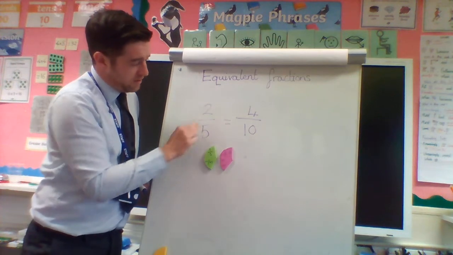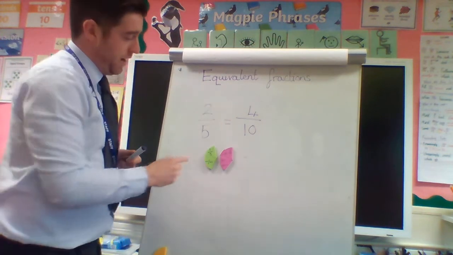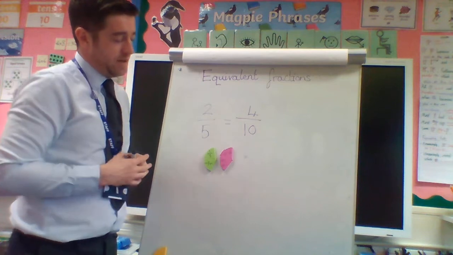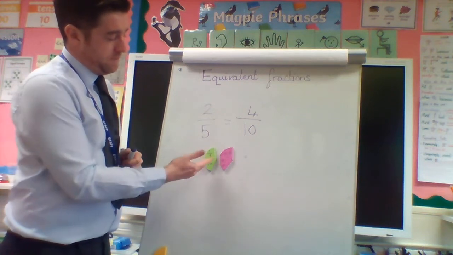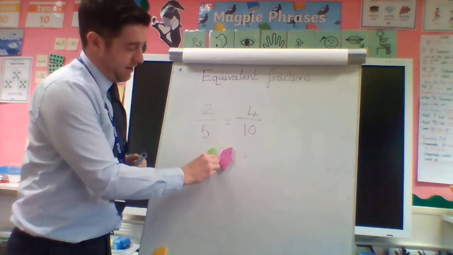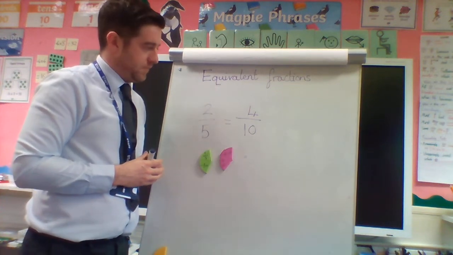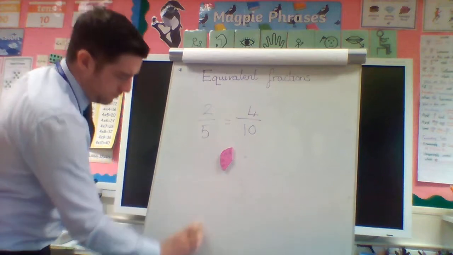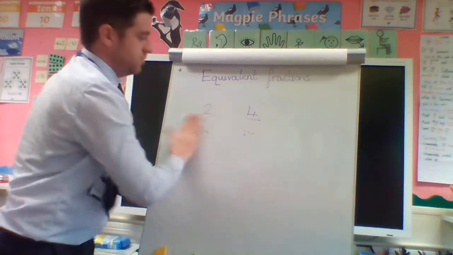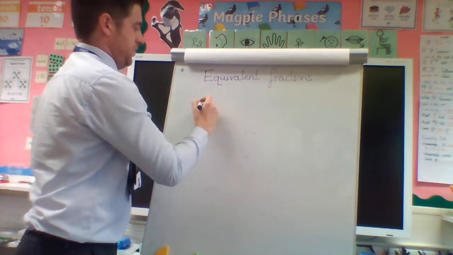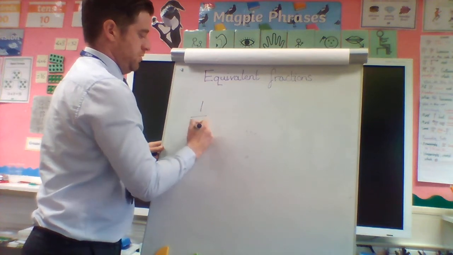They look different when you see them written as numbers, but actually, when you see them, you can quite clearly see that they're the same. Just to prove it, I'll pop it on top. So, let's try one more. Oh, actually, let's do 1/5.